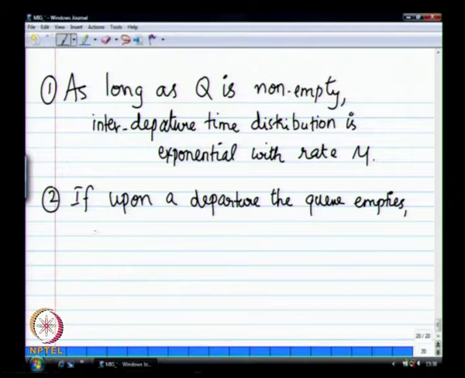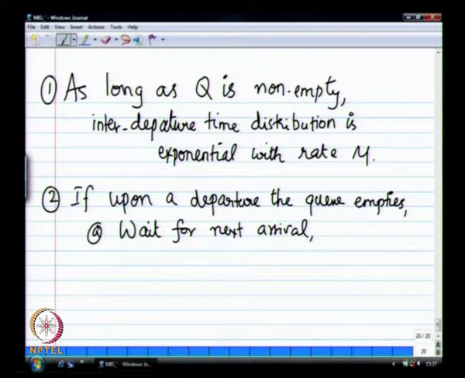So you will have to wait for two things. What is that? Wait for the next arrival. So what is the time for the next arrival? That is exponential. The inter-arrival time is exponential and it is memoryless.